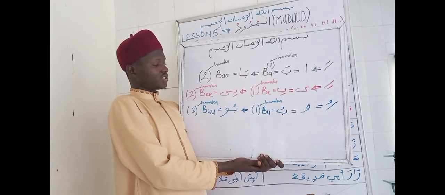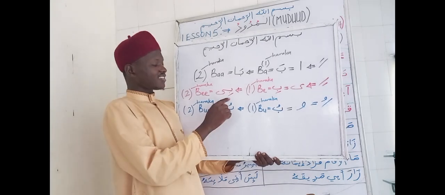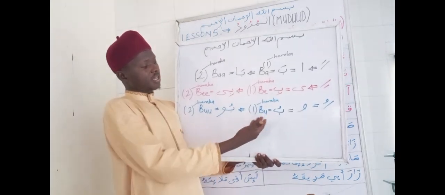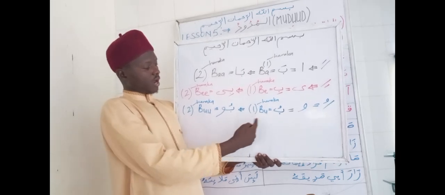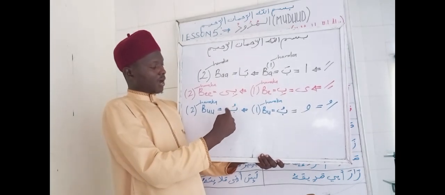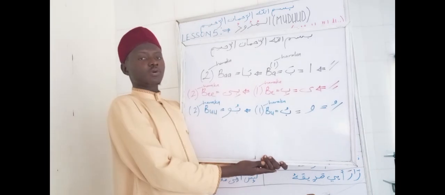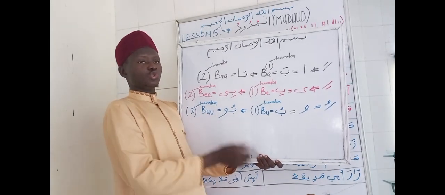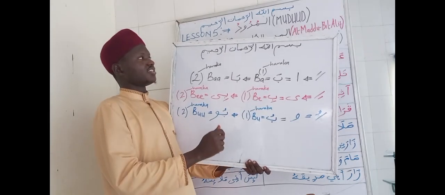So you have to take note of that. And because it is kasra, that's why we are using yaw mad. So the same thing, if it is now dhamma, we are now going to have jim dhamma waw mad, and it's going to be what? Ju. So you have maybe juu. So please don't forget this.